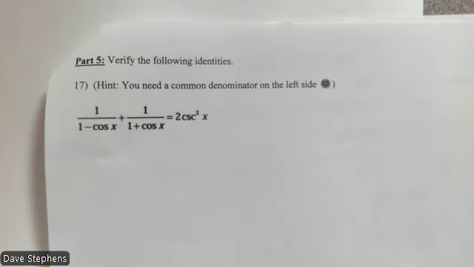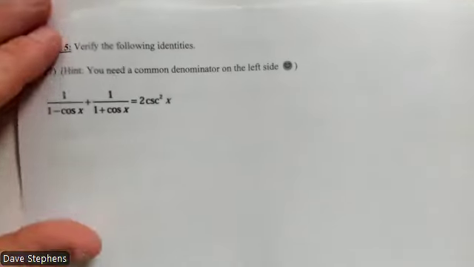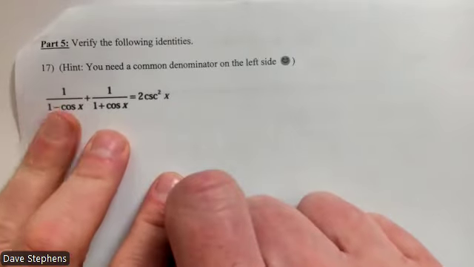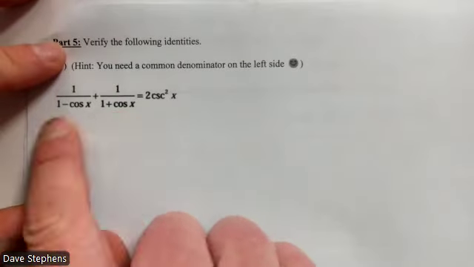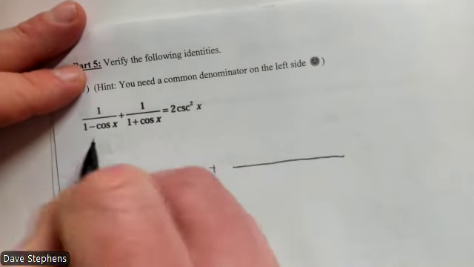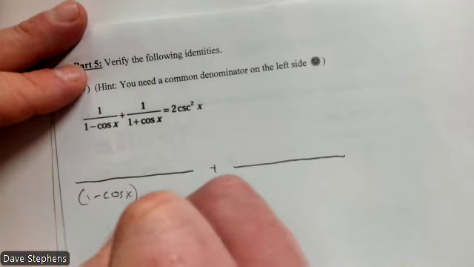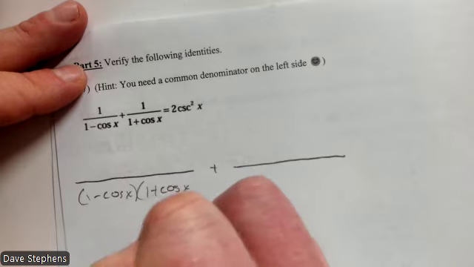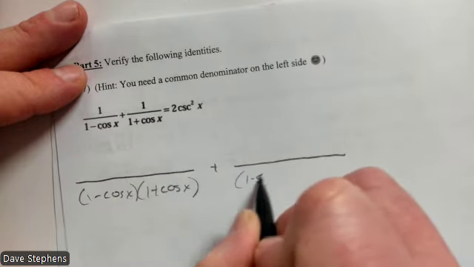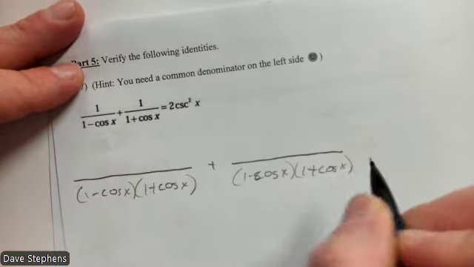All right. Verifying identities. Here we go. The left side obviously has more work to do than the right side. We're going to get ourselves a common denominator, so I'm going to give myself some space here. I'm multiplying: 1 minus cosine x times 1 plus cosine x.